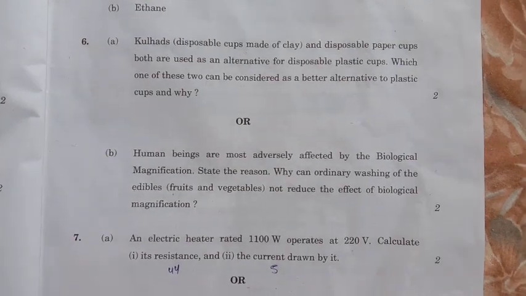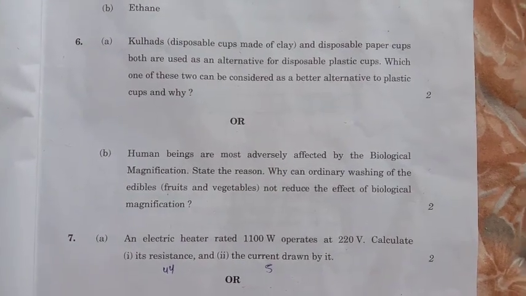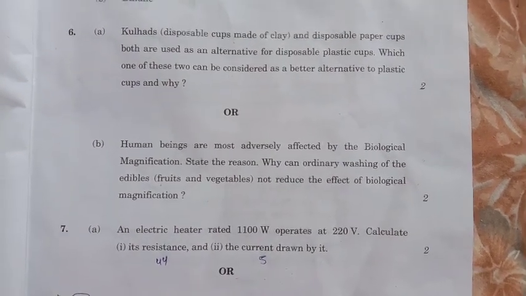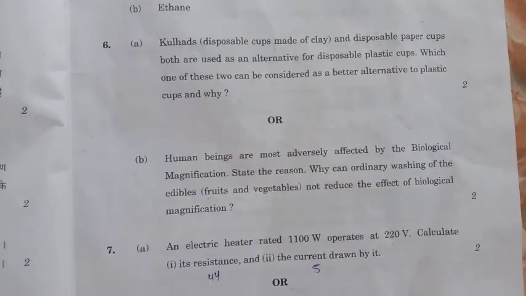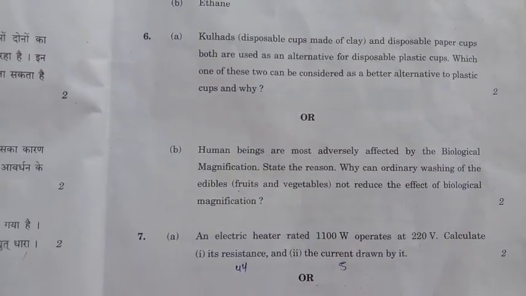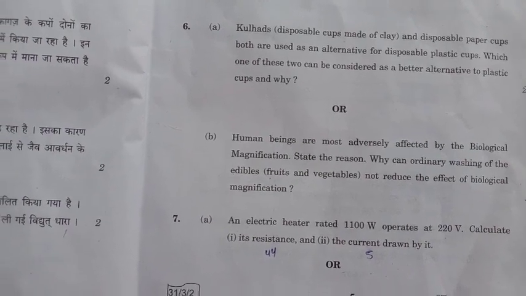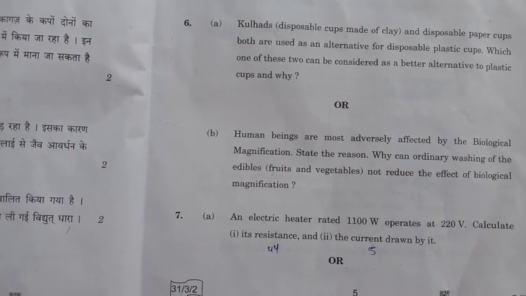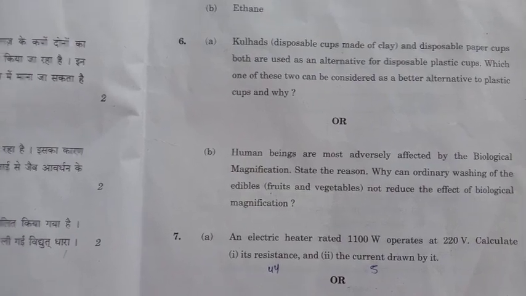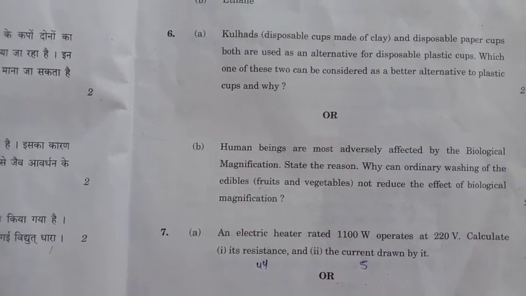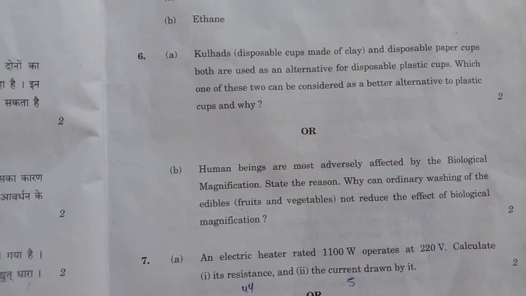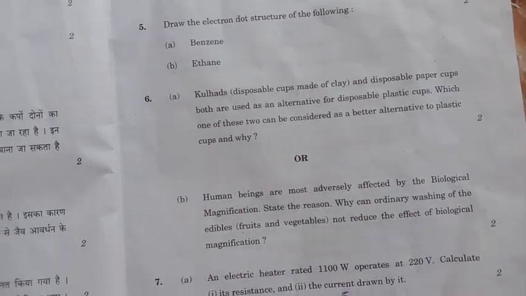Human beings are most adversely affected by biological magnification. State the reason. In biological magnification, the concentration of harmful elements rises at each trophic level. The top level of our trophic levels is human beings, so human beings are adversely affected by biological magnification.